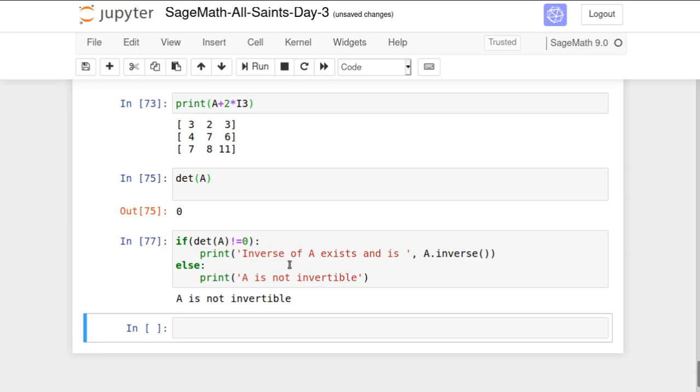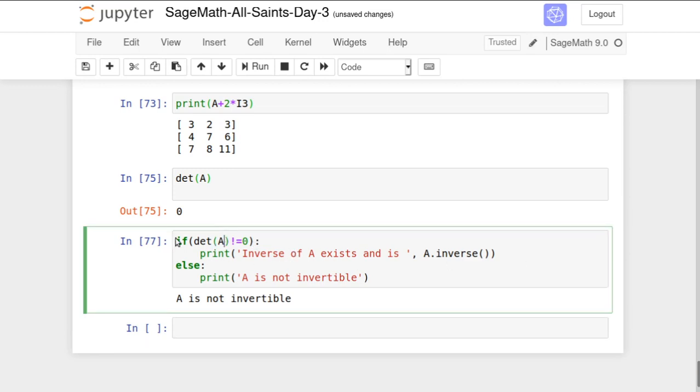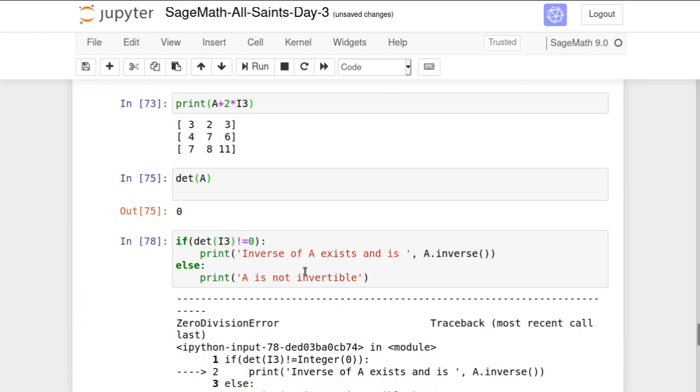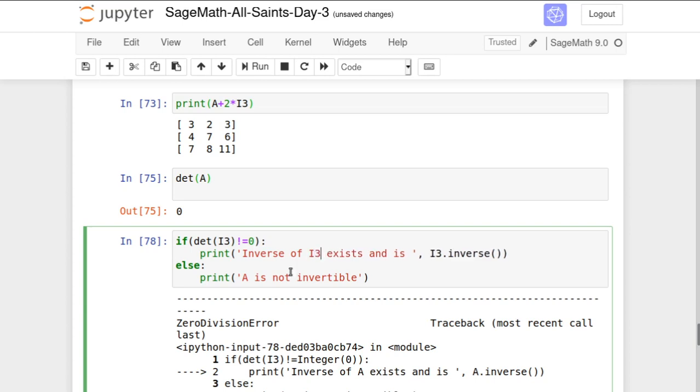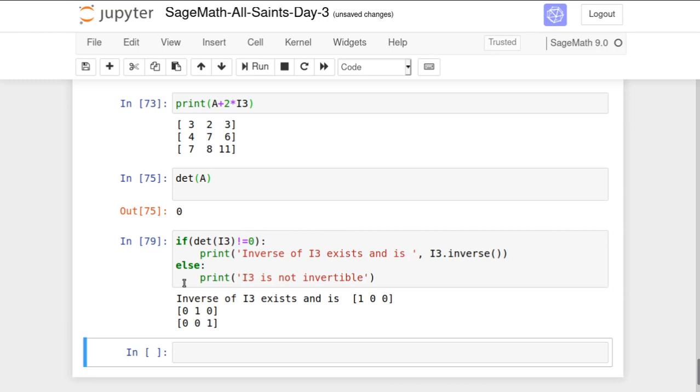So in this case, A is not invertible. Now, on the other hand, suppose that we give, instead of A, I3. We get the inverse of I3 exists and is 1 0 0.